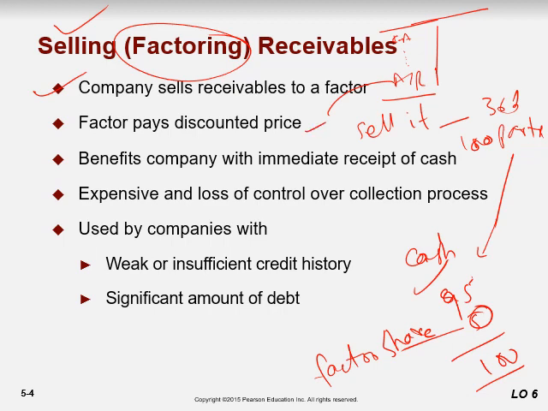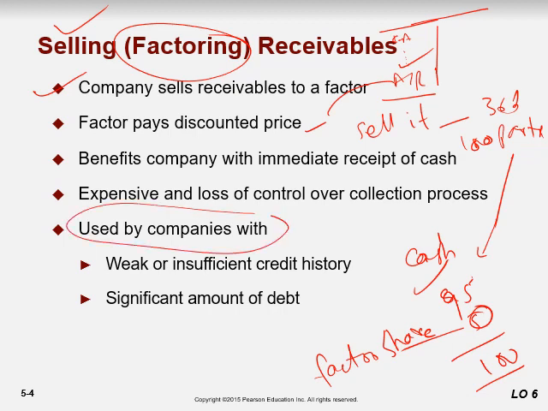So it benefits with immediate receipt of cash. If you want immediate cash, you can just sell your accounts receivable to a factor and receive the cash. You can use it for funding purposes or whatever.